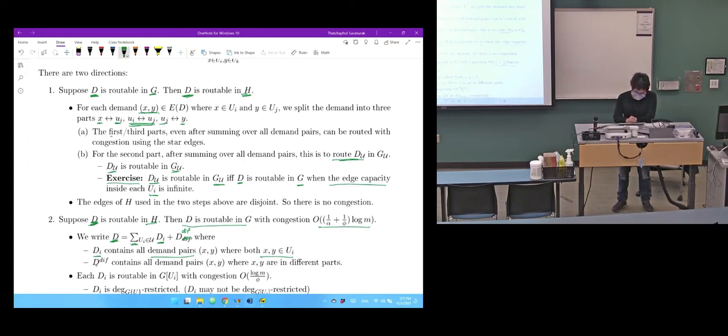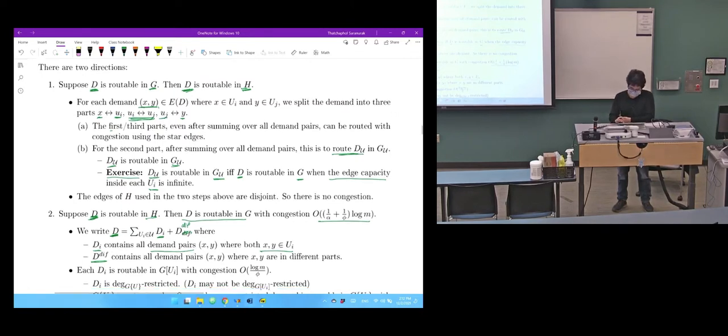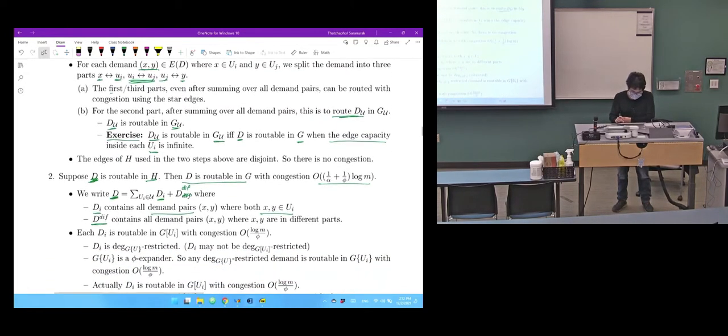And what is left is just the demand such that the two endpoints are in different parts, right? So the demand can be thought of as the union of these things, or just write a sum. That's kind of the same. Okay.